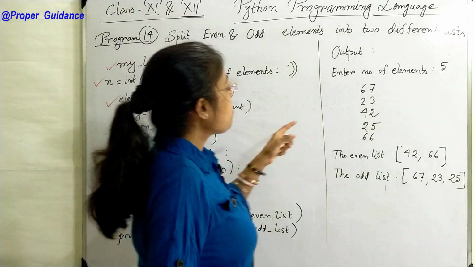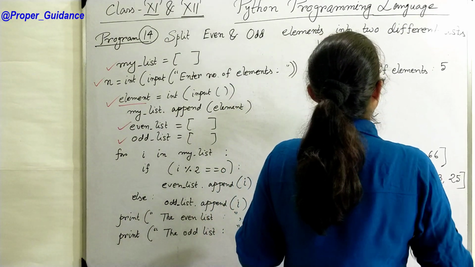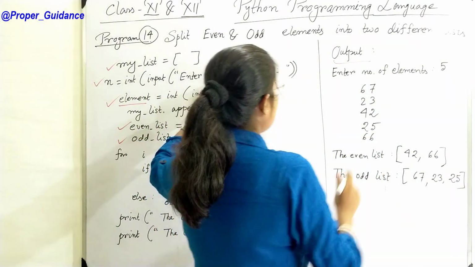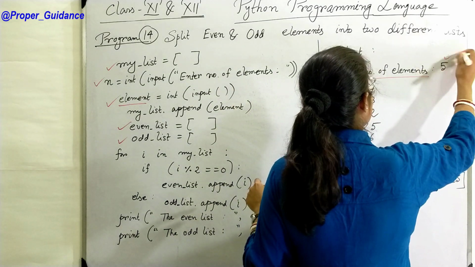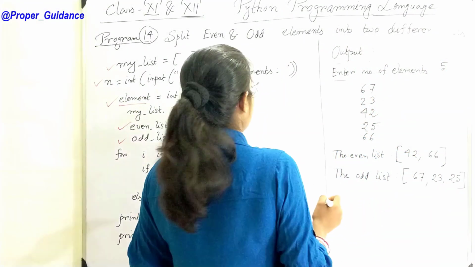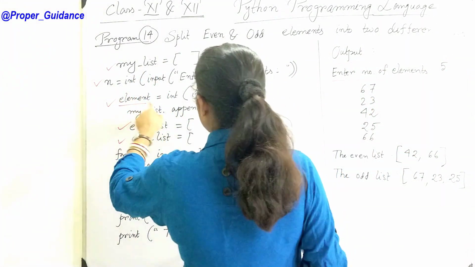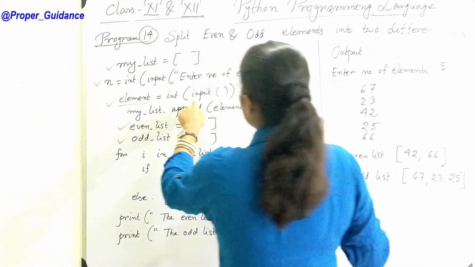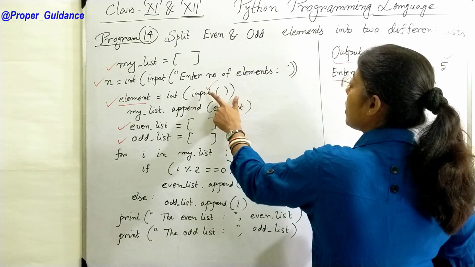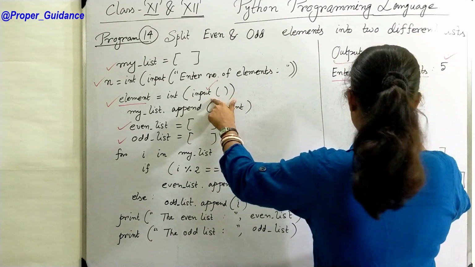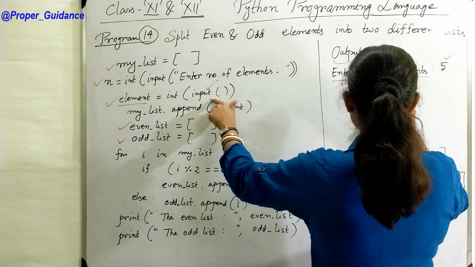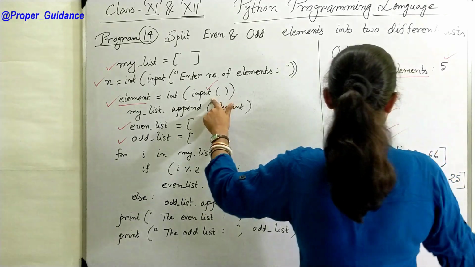Now come to the output section. The first displayed line will be: enter number of elements. Here I am taking input as 5. So the elements will be taken with the help of the input method, and with this we take the user inputs of these integer numbers: 67, 23, 42, 25 and 66.